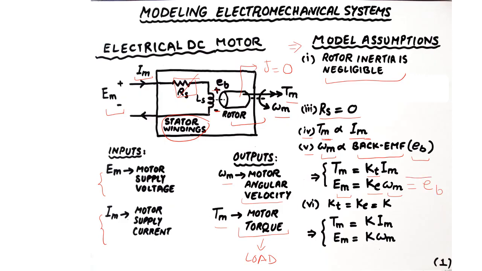The actual relationship is KE times omega m equals EB, but because we have assumed that the stator winding resistance is zero, EB is the same as EM.